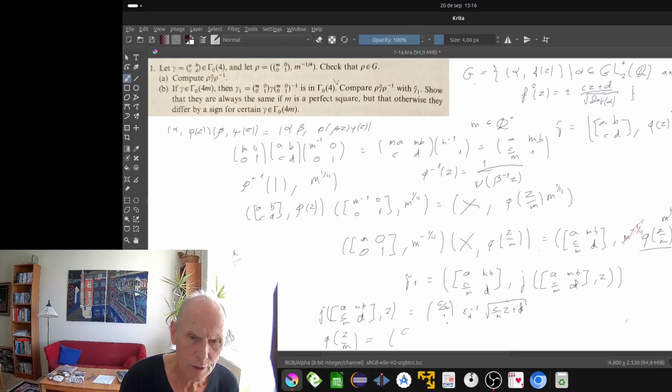Which is C over D epsilon D minus first square root of, and that's Z divided by M times C plus D.